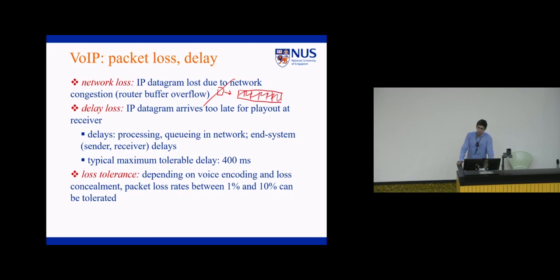So if we lose some packets, some sound chunks, and let's say we have retransmissions and they arrive at a later time, but by the time they arrive, we have already played the chunks that come after them. Is there any point in receiving this chunk that was previously lost? No, right?